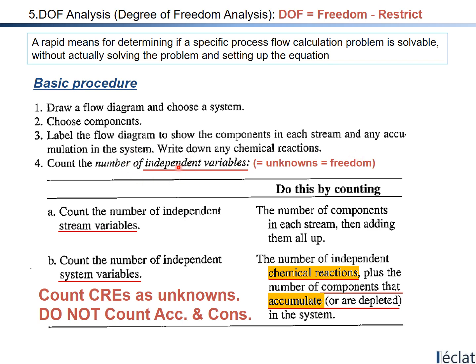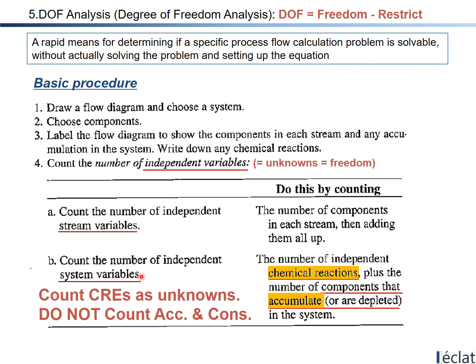You can classify the variables into two different groups. The first one is stream variables, and the other is system variables. So how to count the number of independent stream variables? Please count the number of components in each stream, then add them all up, of course.